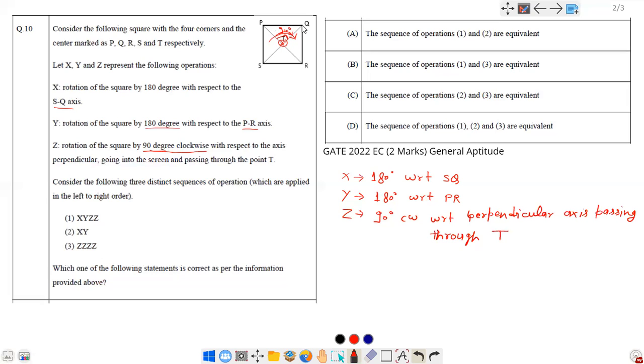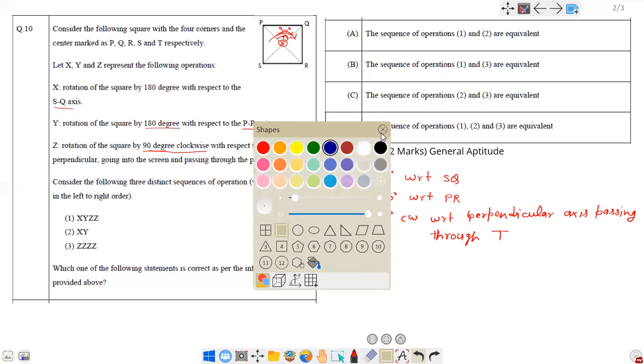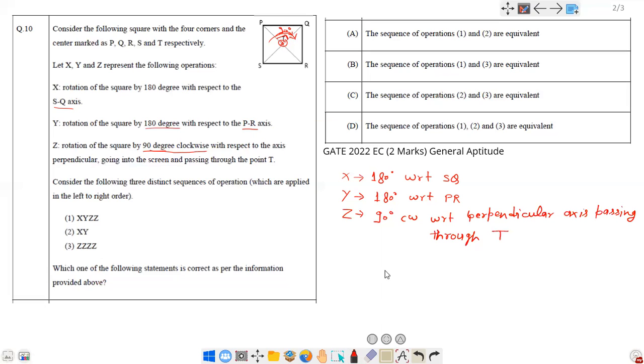That means P moves to the position of Q and Q reaches the position of R. Similarly, R reaches the position of S and S reaches the position of P. If I show the operation of Z pictorially, after performing the Z operation, P has reached here, Q has reached here, R has reached here, S has reached here, and T is the center.